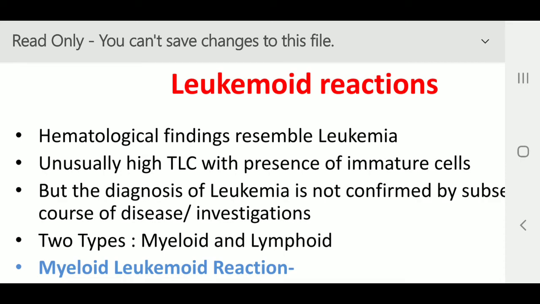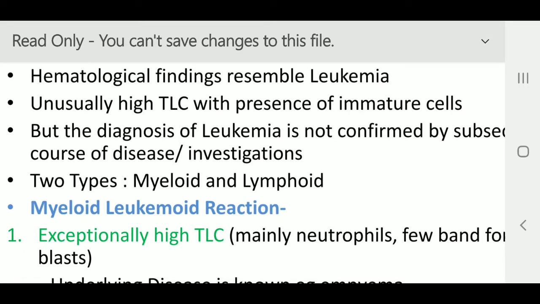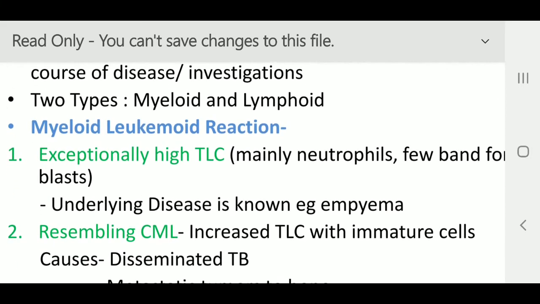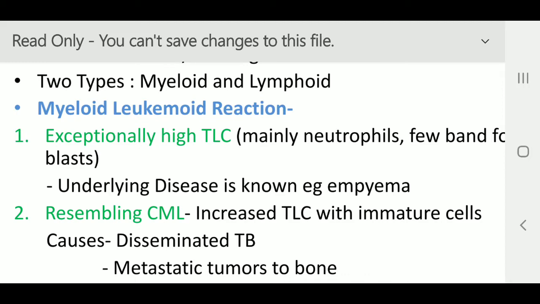Because leukemoid reactions are a part of the differential diagnosis of CML, I have taken up 3-4 slides regarding leukemoid reaction. These are hematological findings that resemble leukemia. There is extremely high TLC with the presence of immature cells, but there are no blast cells, there is no basophilia, and NAP is very much increased. They are also of two types, myeloid and lymphoid. Myeloid leukemoid reaction you can see in diseases like empyema and septicemia, a condition in which the TLC is very high.